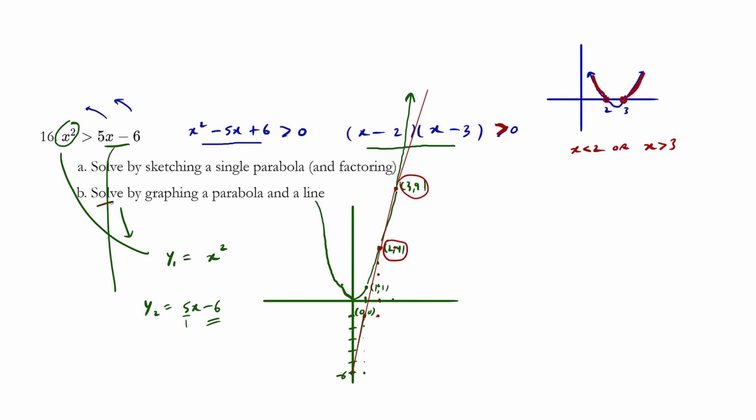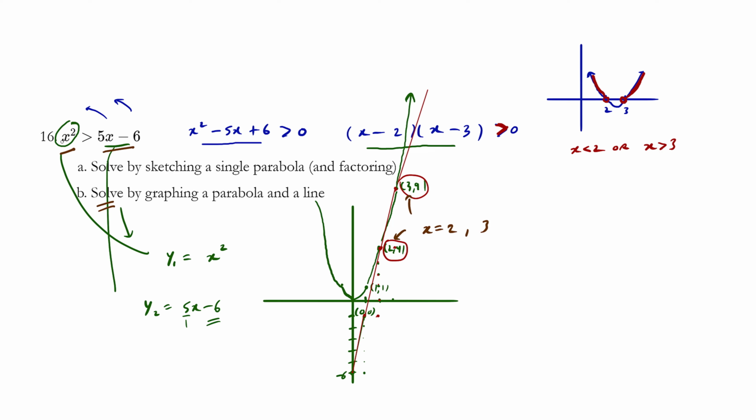So the word solve means to find the x values. So even with this terrible drawing, we know that the solutions x equals 2 and 3 are the critical points. And now we can focus on which is bigger than the other.